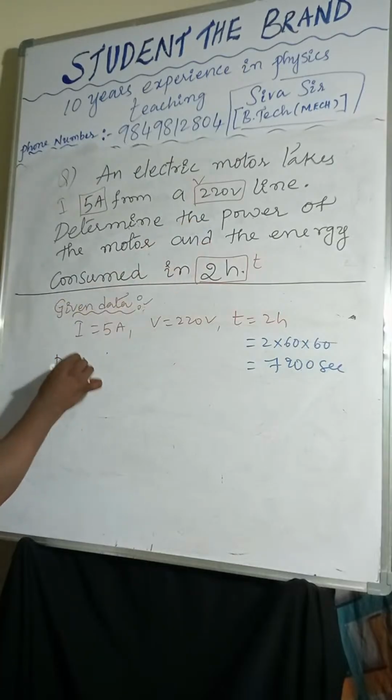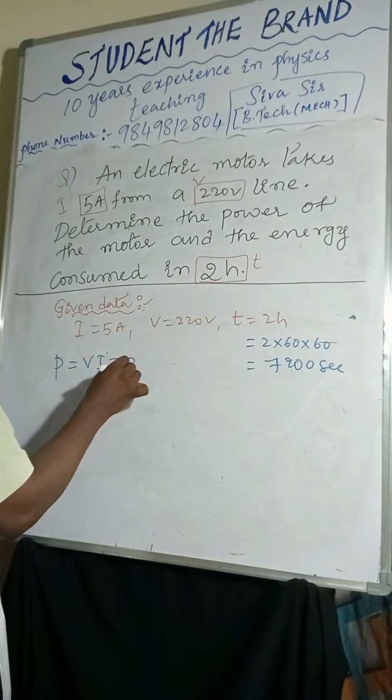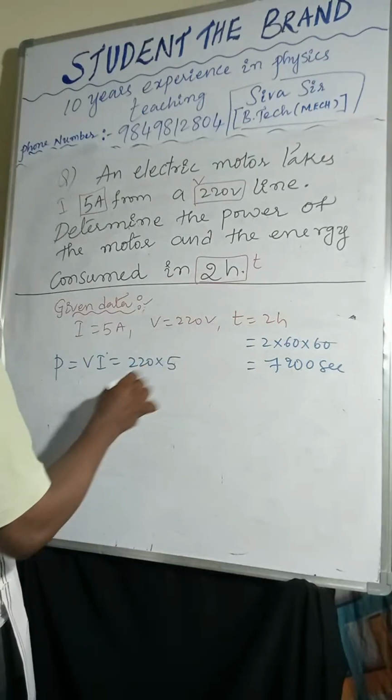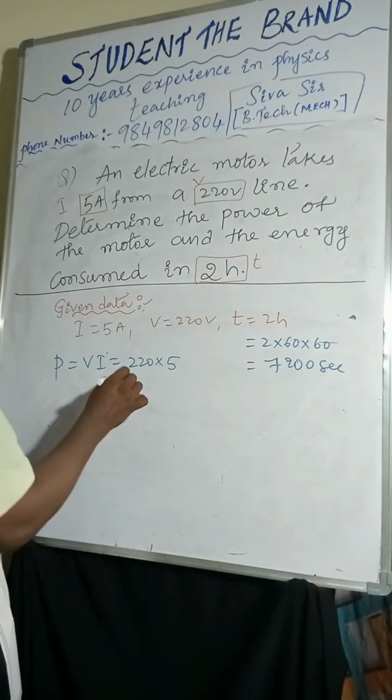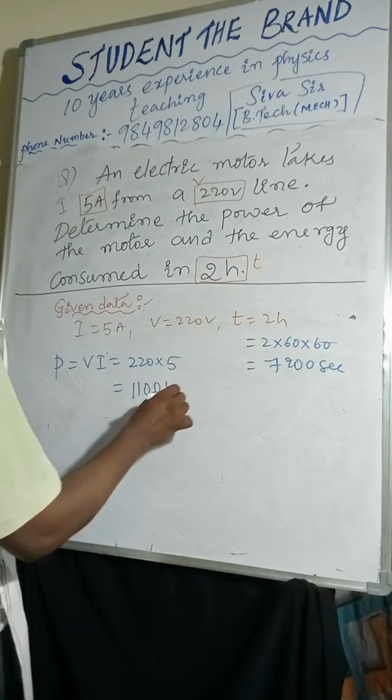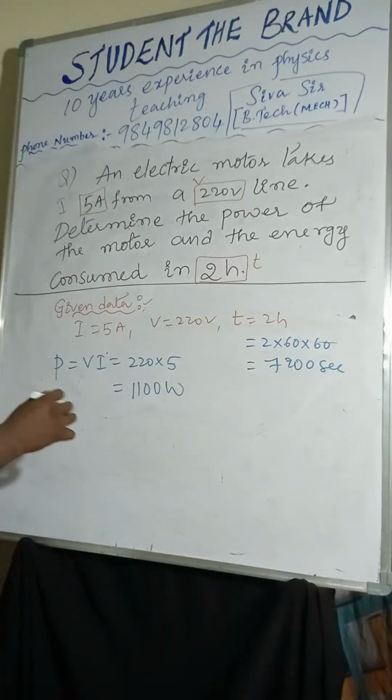Now what we have to find out: power equal to VI, that is 220 into 5, which is 1100 watt. Next, energy.